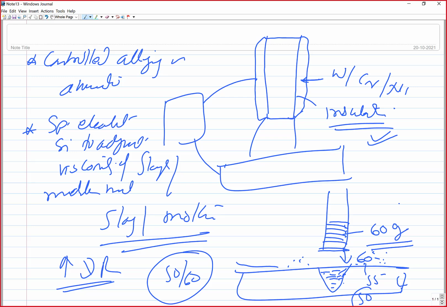Including evaporation. So what we do is add certain elements in powder form with the flux coatings, and in the calculation we don't count this powder added with the coatings. Say 10 gram is coming from the flux and 55 gram from the core wire melting. So you are actually depositing 65 gram, while melting only 60 gram of core wire.